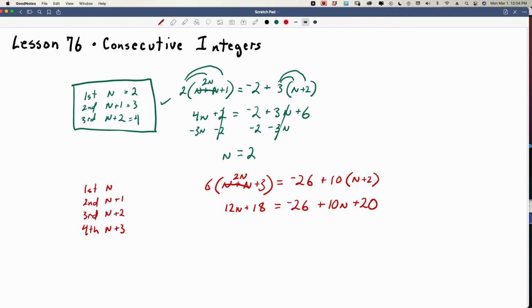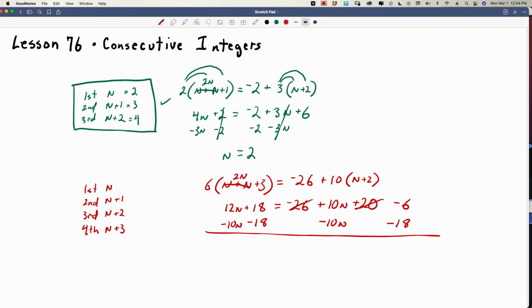All right, so we can combine these two, and that would be negative 6. So 10n minus 6. So now we can swim our fish. I'm going to bring 10n over here, and we're going to bring our 18 over here.